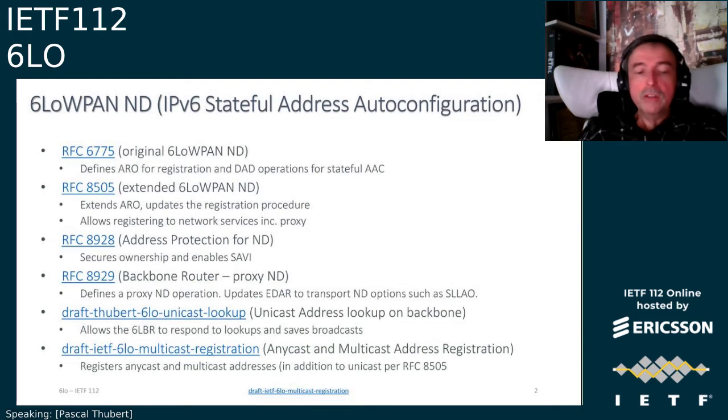And if you did register anycast, there was no signaling to say, hey, I might not be the only one who wants this address. And this could create confusion in the routing, and only one node could possibly win. And that prevents the use of anycast for load balancing purposes, for instance. So we have this new draft.